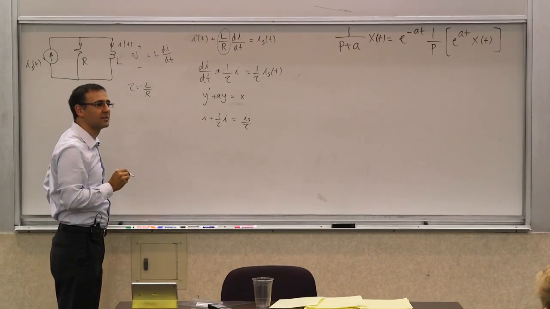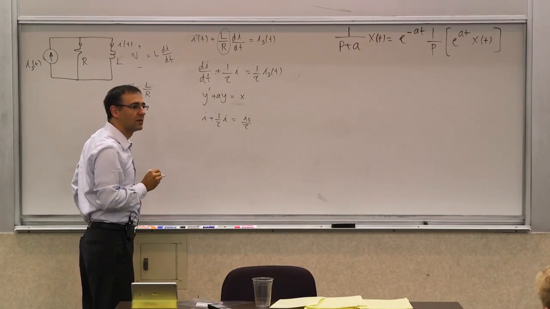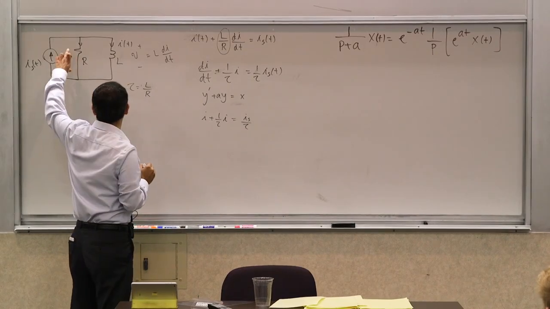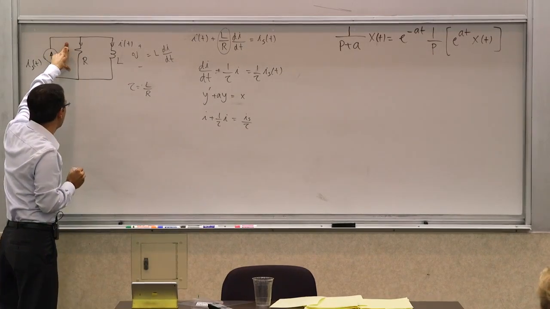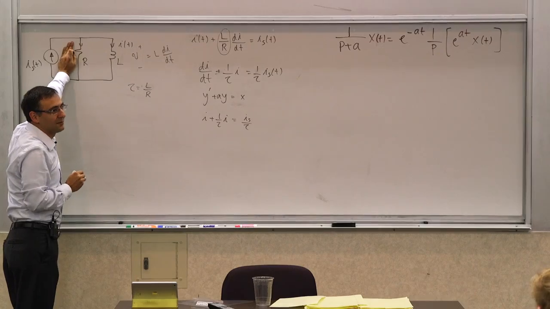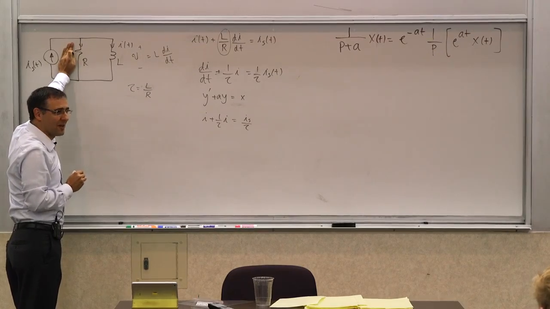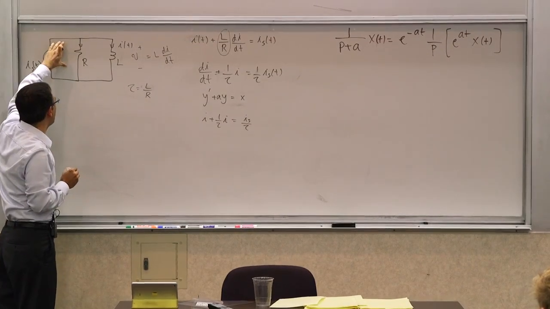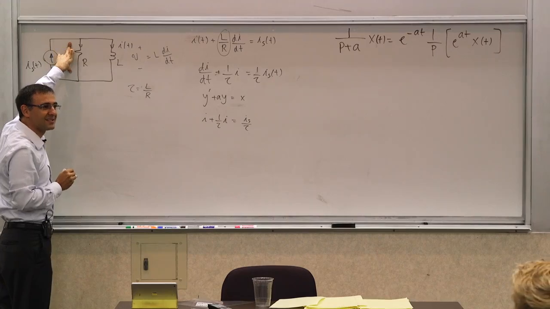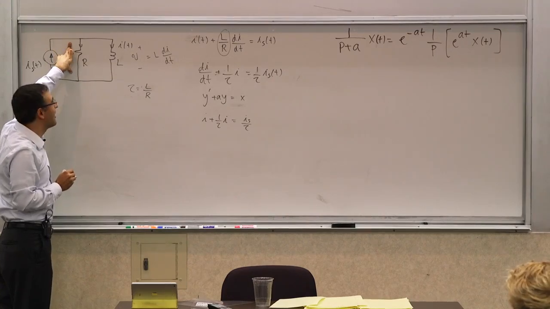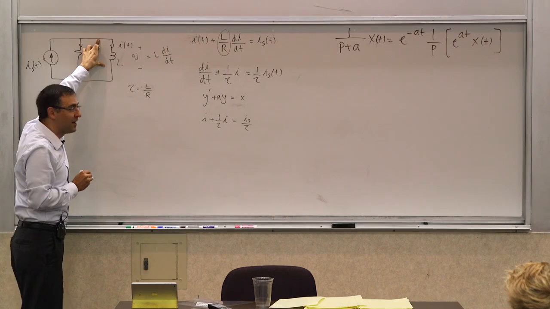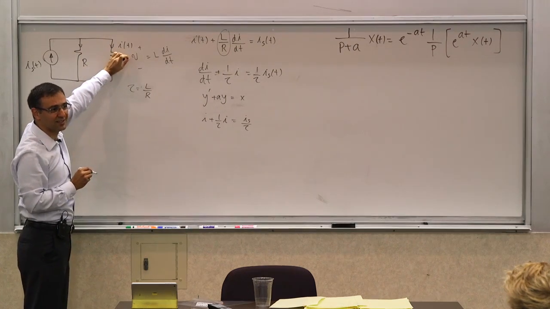Okay? Yes? Here, if I had a voltage source across here, the time constant would be infinity. Which means that if you have a voltage source here, this resistor doesn't exist. You're short-circuiting the resistor. So this is a short circuit here. There's no current flowing, there's no voltage.